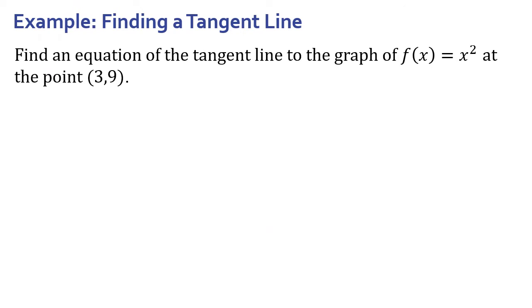Okay, let's actually put these formulas in action. Find an equation of the tangent line to the graph of f of x equals x squared at the point (3, 9). We've done this before. If you recall the beginning of this course, we learned how to find the slope of a tangent line by either looking at it graphically and estimating what that tangent line would be, or numerically using a table of values and seeing what happens to the slope as our x values get closer and closer to 3.